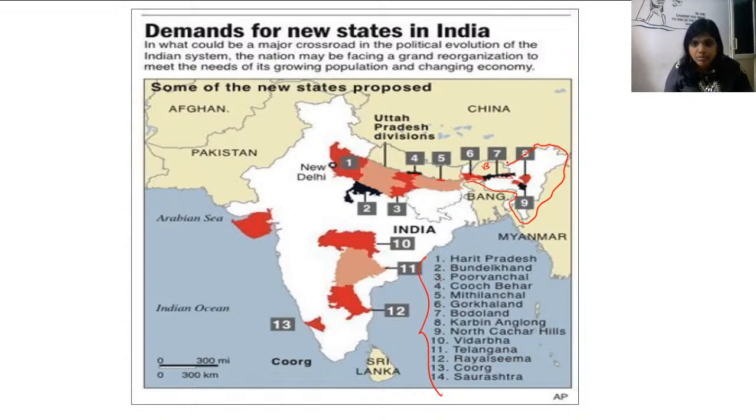Bhutan. So the more tensions at these borders, if people are raging against the Union of India, obviously this northeast will get disconnected from mainland India, which we don't want to happen.